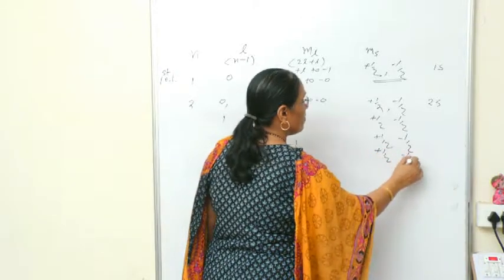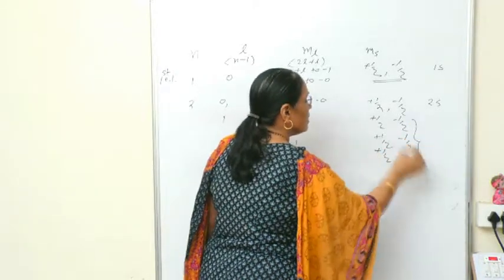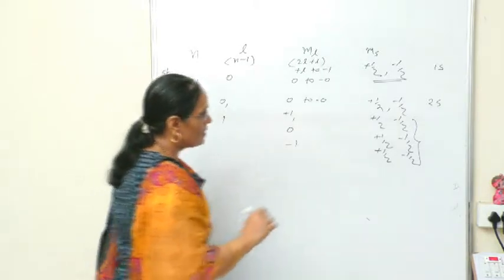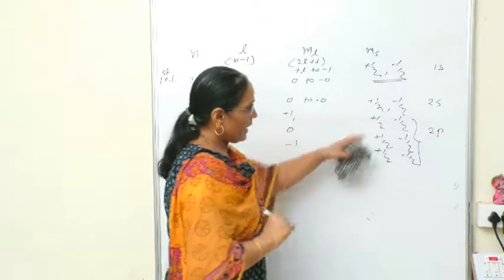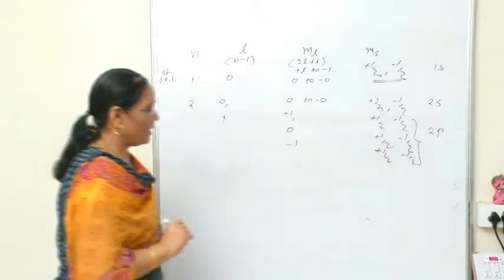So these 3 suborbitals constitute the 2p orbital, which can contain a total of 6 electrons.